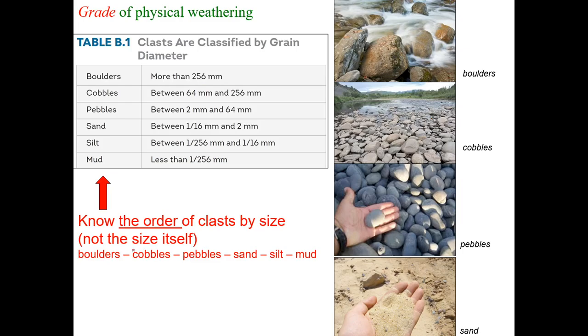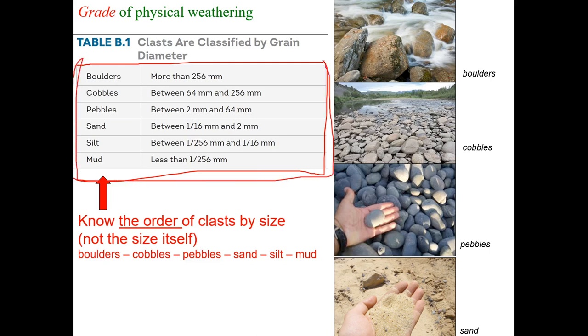Okay, so physical weathering and chemical weathering produce sediments, and those sediments are eventually combined to form sedimentary rocks. And we classify those clastic sediments by grain size, and we classify clastic sedimentary rocks by grain size. Okay, I think I have a question about that, about how we classify clastic sedimentary rocks. It's by grain size.